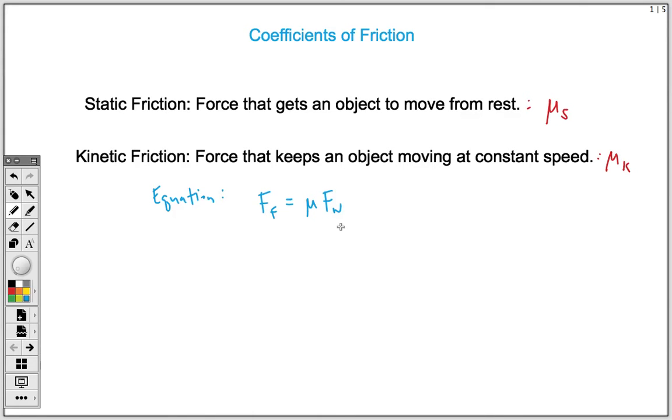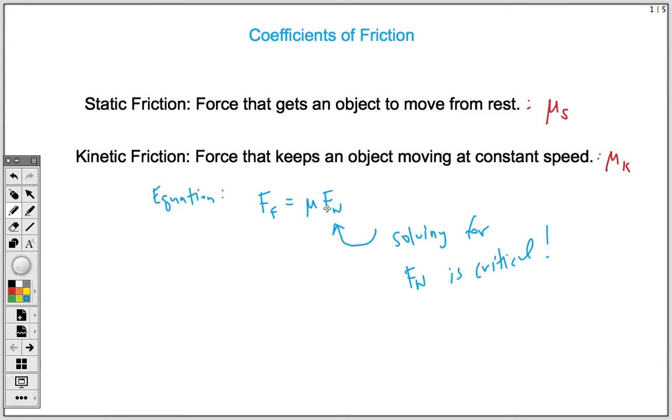The other main part is we need to know what our normal force is. So solving for Fn is critical for these problems.